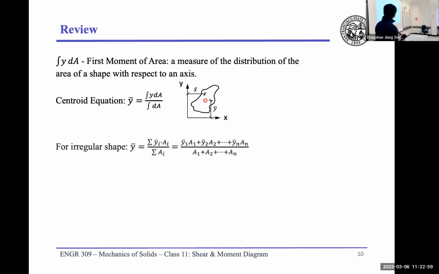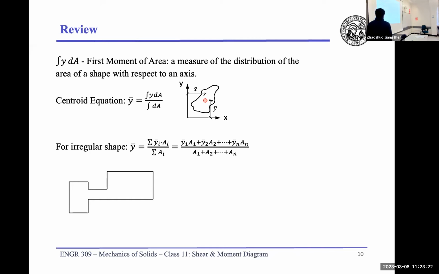Okay. And if you have an irregular shape, in order to calculate the centroid, we can divide that irregular shape into many common shapes, for example, rectangular shapes. And then we can calculate the centroid of that irregular shape through this equation here.